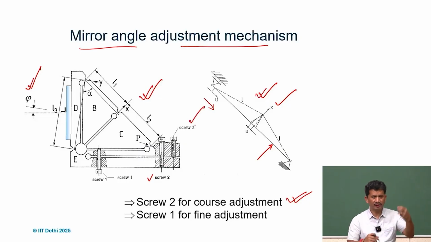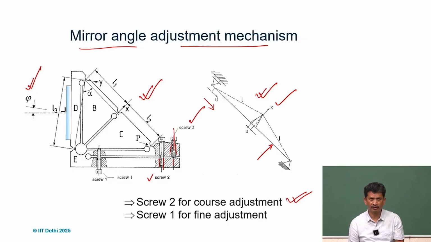One is threaded on one frame and the other is threaded here, and as you adjust, you realize that the entire block is getting lifted. If you just push it here, the entire thing will rotate, and that's why it's called coarse adjustment.